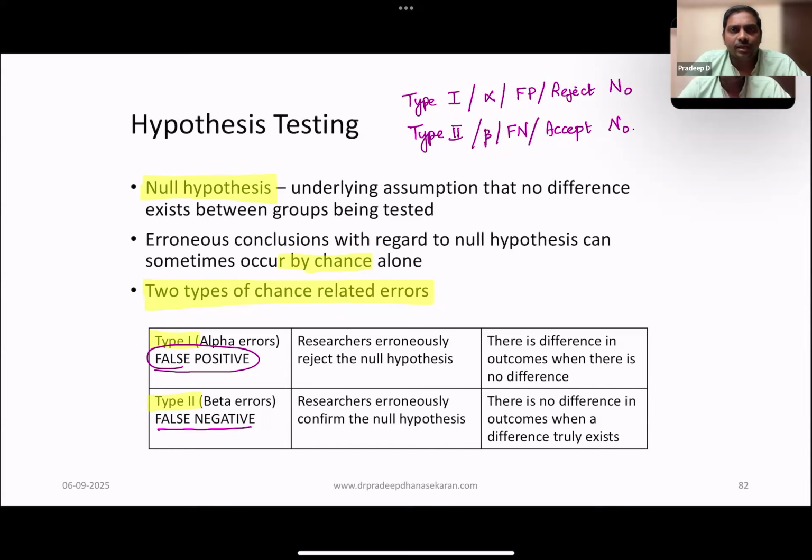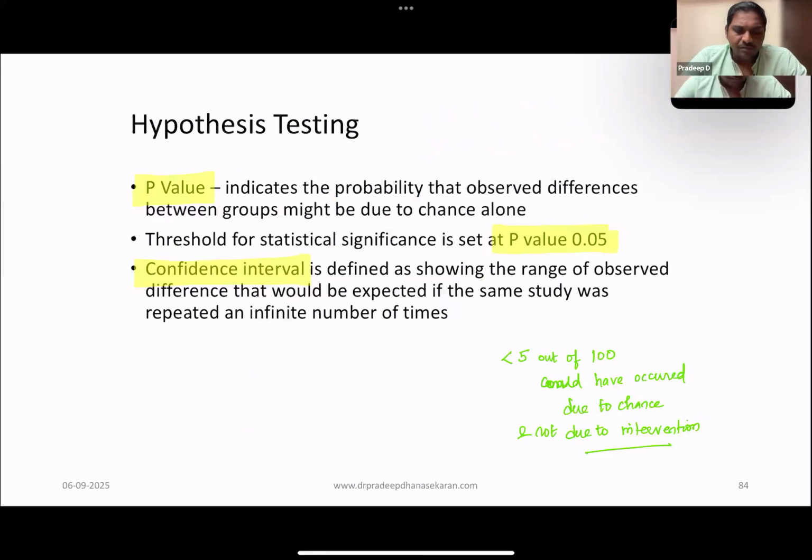For a study to be accepted, these chance related errors should be less than 5%. That means 0.05. That is given by a p value. The p value indicates the probability that observed differences between the two groups might be due to chance alone.